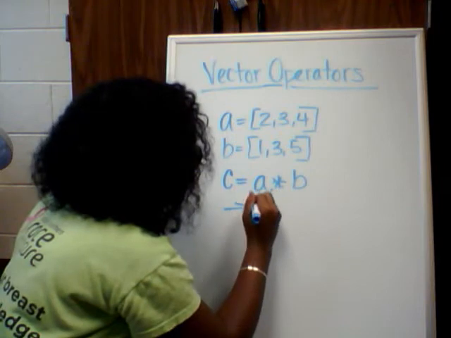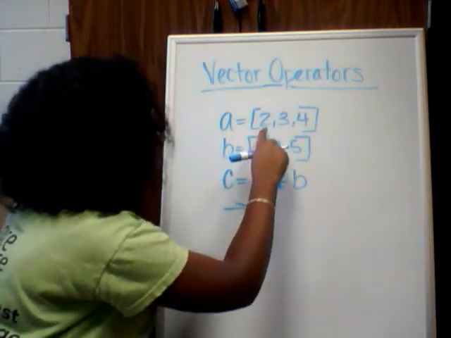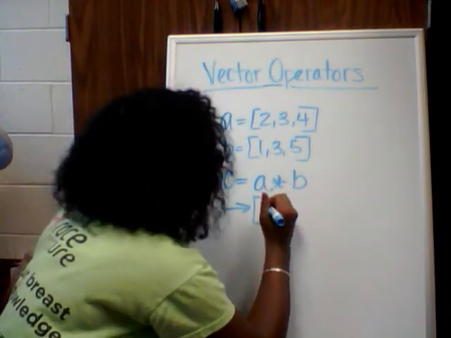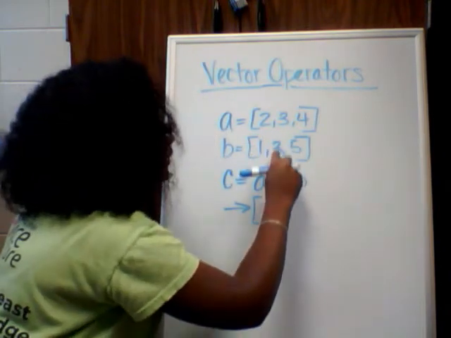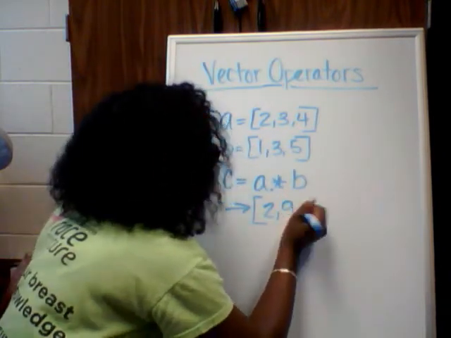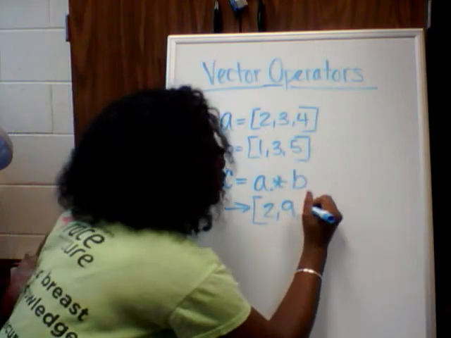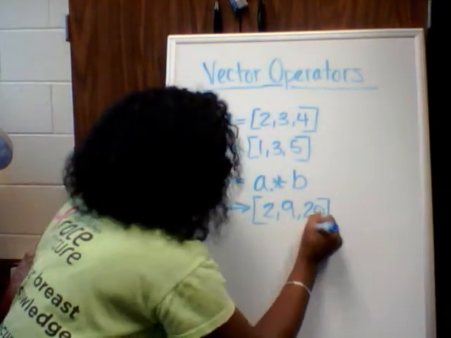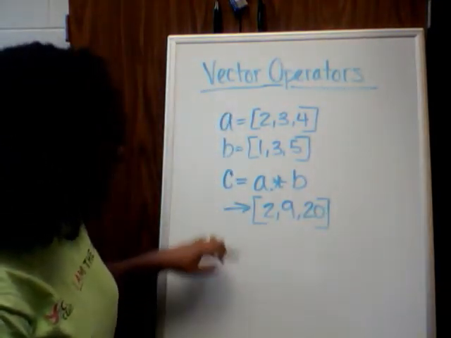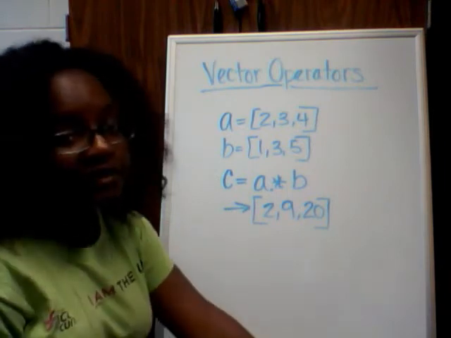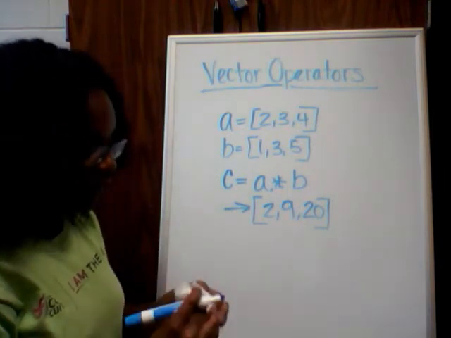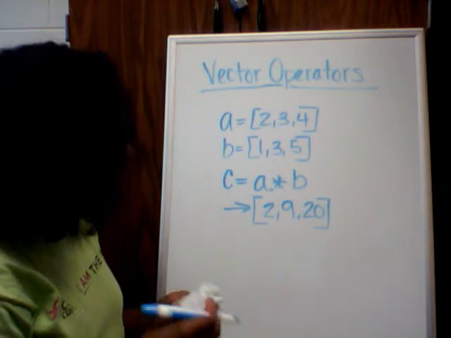C would get 2 times 1, which is 2, 3 times 3, which is 9, and 4 times 5, which is 20. So just remember the period. That's the most important thing when doing multiplication and division.